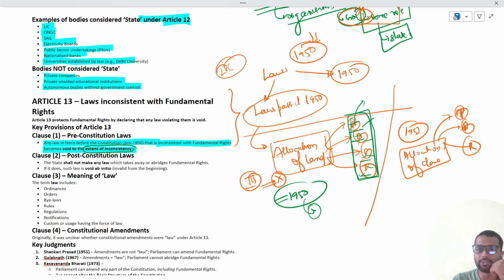What does clause 2 say? Article 13 clause 2 says, first of all, that you should not make any law which abridges or takes away the fundamental rights of the citizen. No law should be passed.